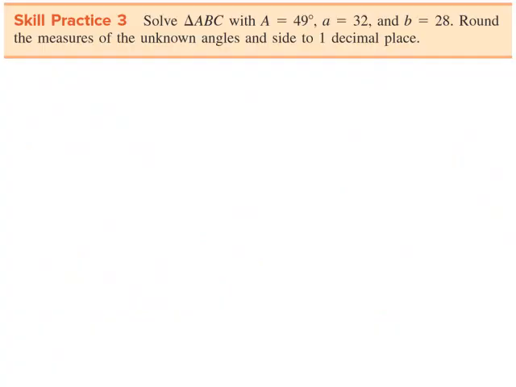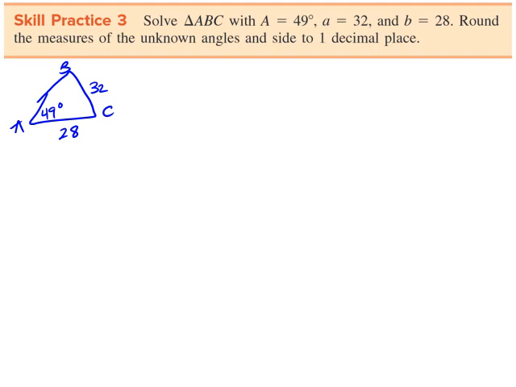I have more examples here that I think would be helpful for you to try. So let's try this one real quick. In this one, sketching a picture. This is 49 degrees, 32 and 28.